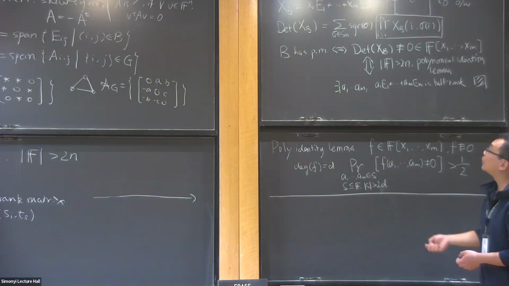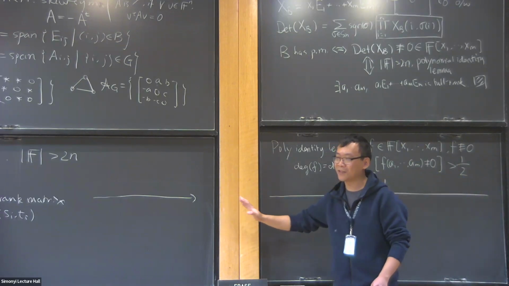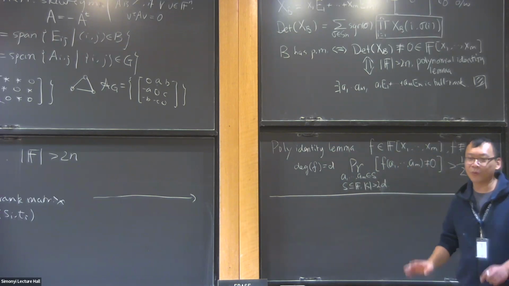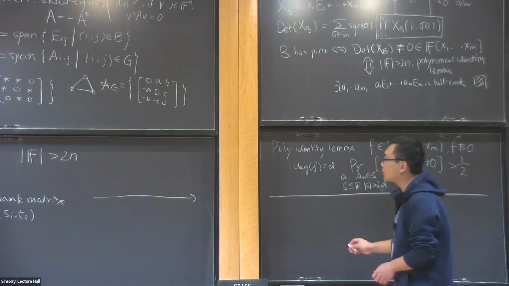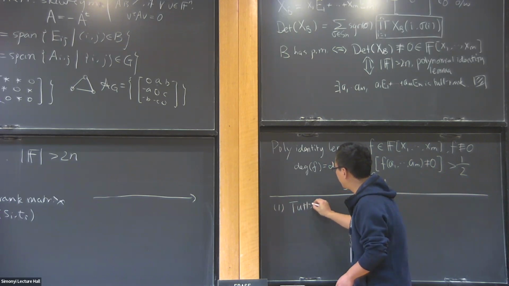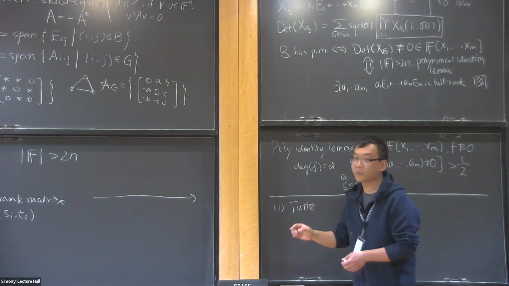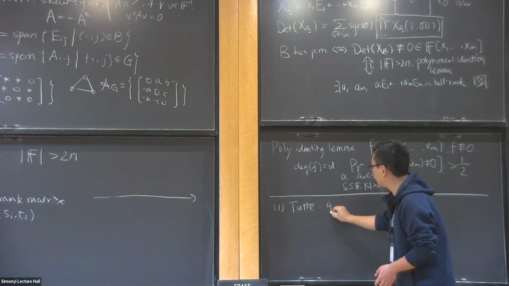Okay, so now, given this connection, you may wonder, Tutte, Edmonds, Lovász, they are pioneers of graph theory, so why do they consider this? Actually, Tutte considered this in the general graph case.